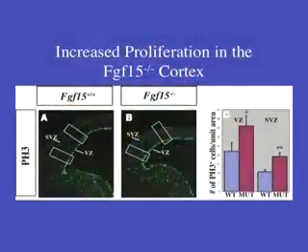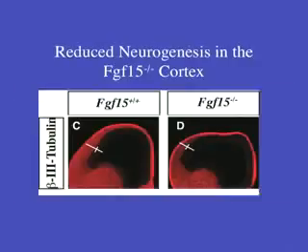And indeed, Ugo found a significant increase in the number of phosphohistone 3 labeled cells in the ventricular zone and subventricular zone in the FGF15 mutant. So perhaps the change in COUP is one of the most important features here. And if you remember, COUP-TF1 gain of function caused more neurons, so loss of function would make less. And indeed, if you measure the thickness of the cortical plate, as Ugo did here, you can see a subtle but clear decrease in the thickness of the cortical plate, which means a decrease in the production of neurons.